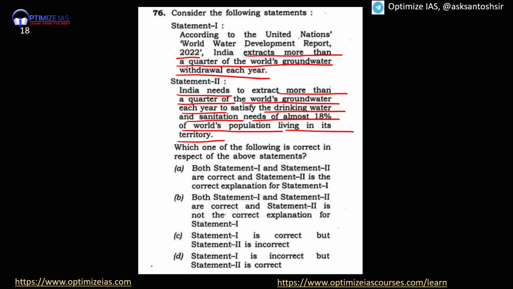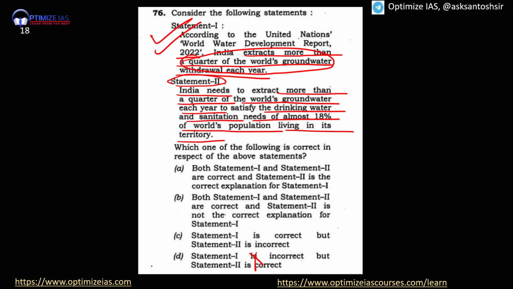The first statement says that India is extracting a quarter of the world's groundwater. And the second statement is also using the same fact that India extracts a quarter of groundwater. So in none of the options are both statements incorrect. So automatically statement one becomes correct, so you can eliminate this.